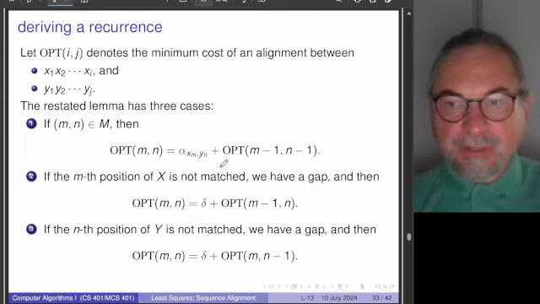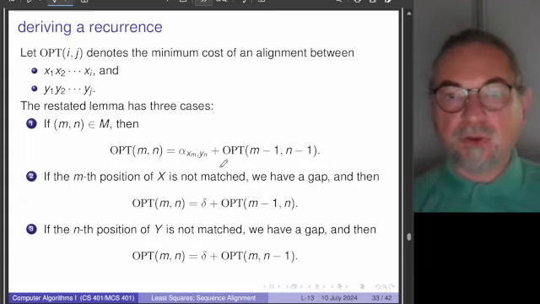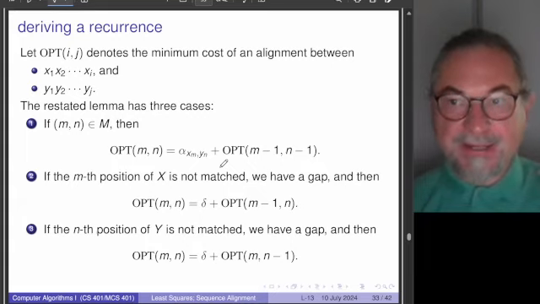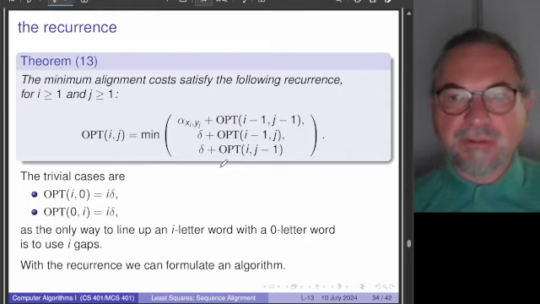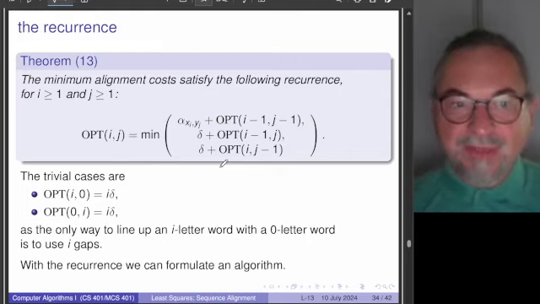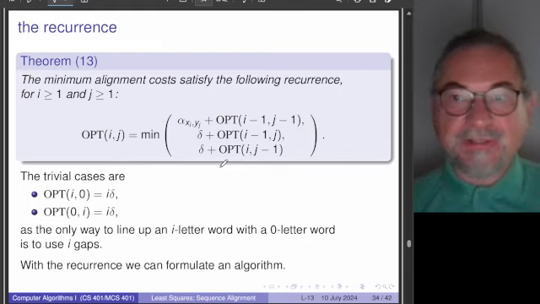And by symmetry, we can also skip the last character of the second word, and then we also have the gap cost plus the cost of considering entirely the first word, and skipping the last character of the second word. So these are the three cases to consider, and that leads to our recurrence. So it's formulated here as a theorem. If you want a formal proof of this theorem, you need to go backwards to the previous slide.